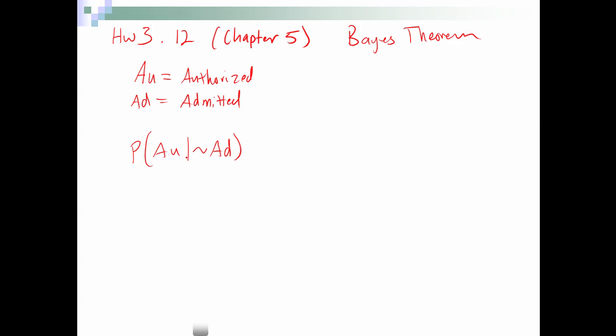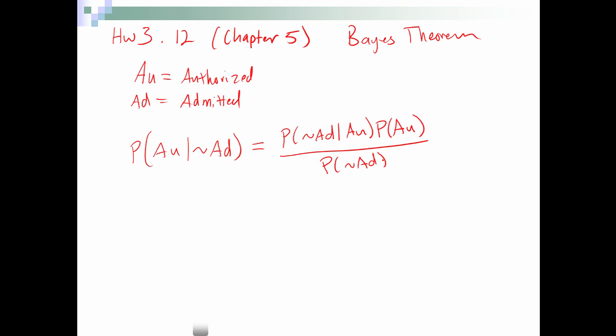Okay, so we're going to use Bayes' theorem to figure this out. This is going to be the probability that somebody is not admitted given that they're authorized times the prior probability that they're authorized, all of that divided by the probability of not being admitted.